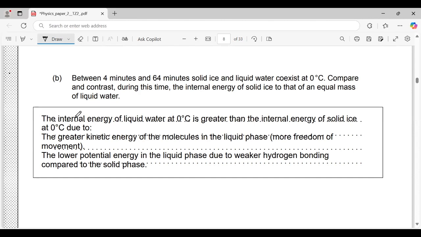The internal energy of liquid water at 0 degrees Celsius is greater than the internal energy of solid ice at 0 degrees Celsius due to the greater kinetic energy of the molecules in the liquid phase, more freedom of movement, and also the lower potential energy in the liquid phase due to weaker hydrogen bonding compared to the solid phase. This is my opinion. You may add with your words or with your sentence.